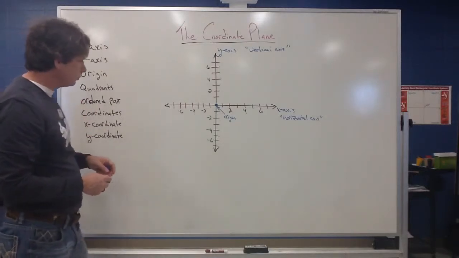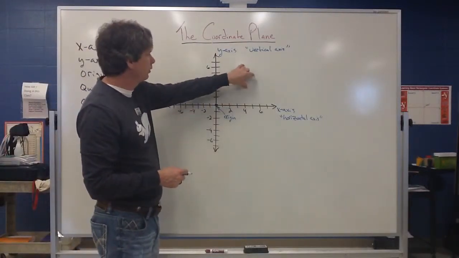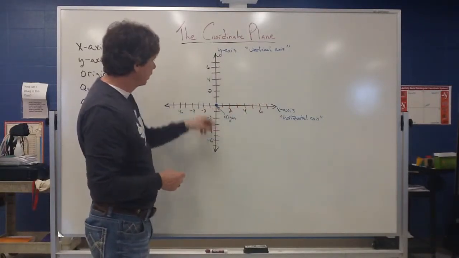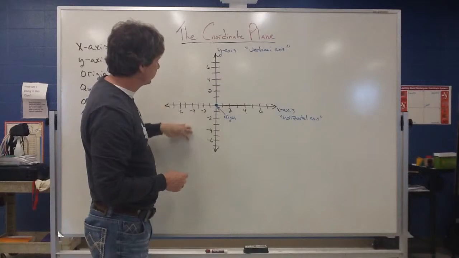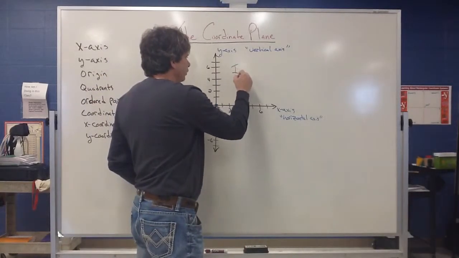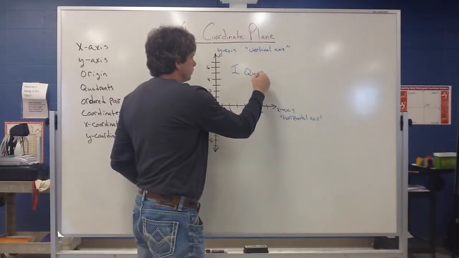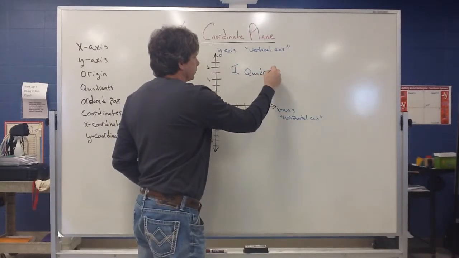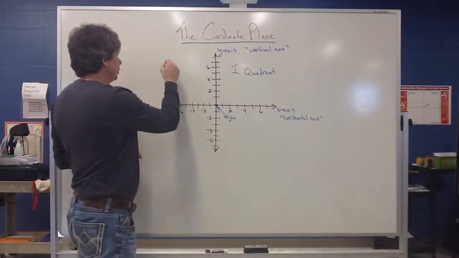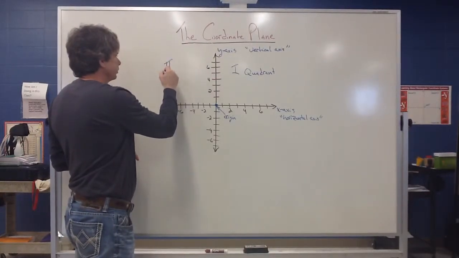Quadrants. Quadrants are these regions that are created by these two number lines. When these two number lines intersect, they create these four different spaces. The first space is referred to as the first quadrant. This upper left-hand corner is what we call the second quadrant.